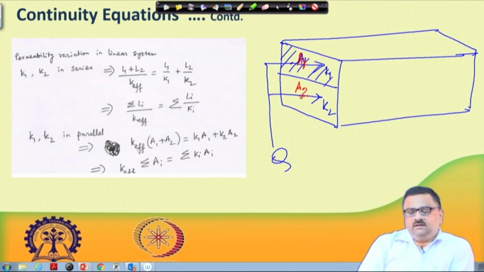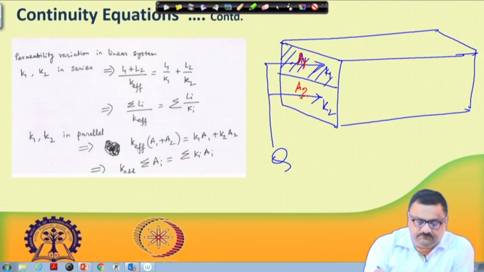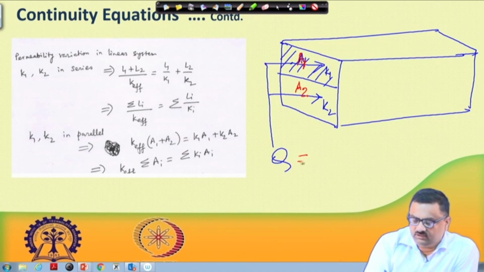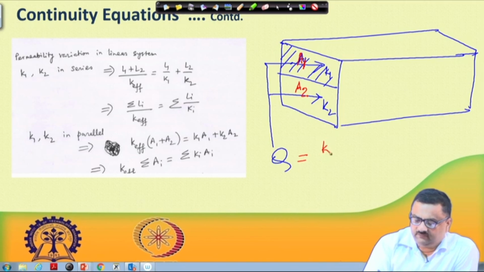Then the amount of flow that is taking place from the upper part. If you look at the total Q, on one hand from the upper part we have minus K1 by mu into A1 into del P del x.